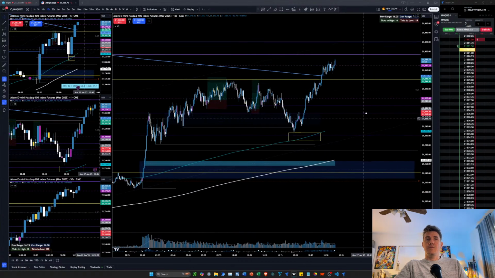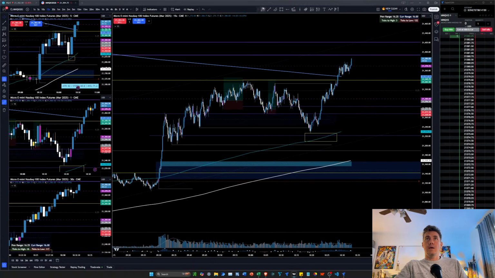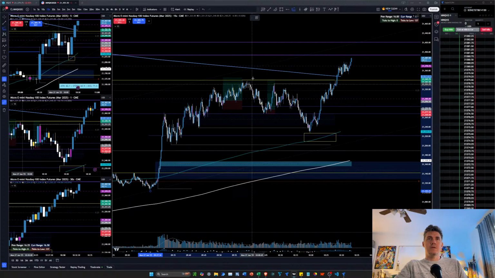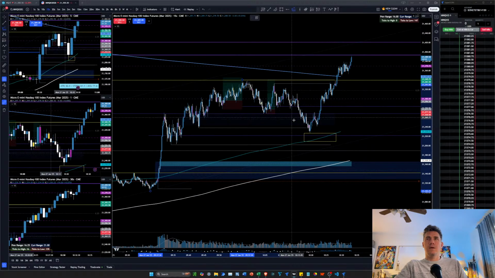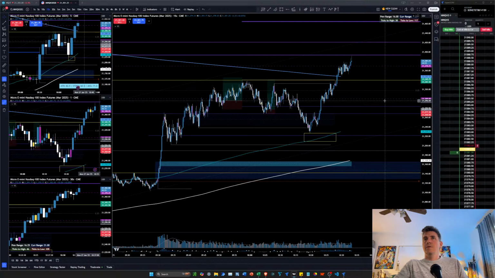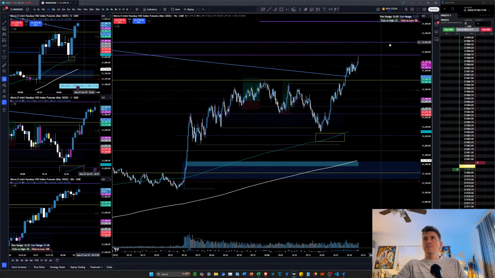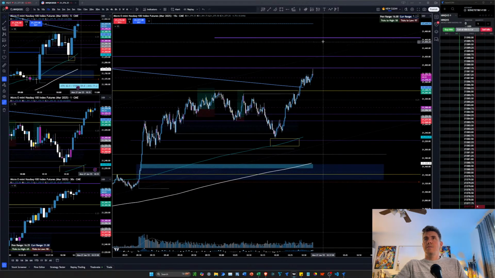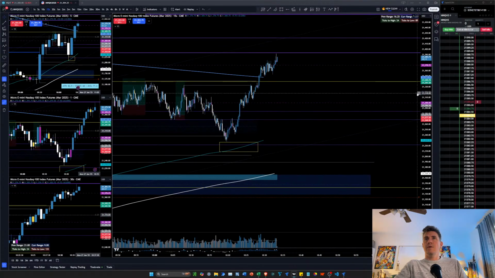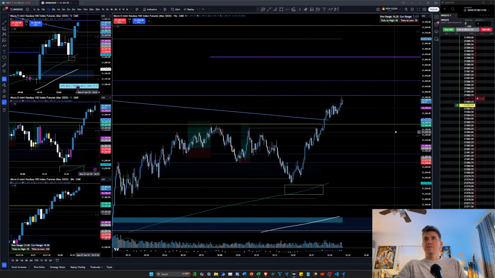But let's just see if we're gonna get an AB equals CD. That's a pretty nice measured move up there. Top of the channel here. 50% of that range with the clean reversal.